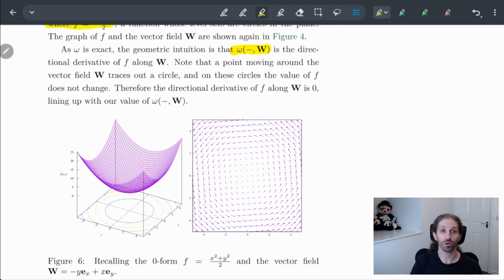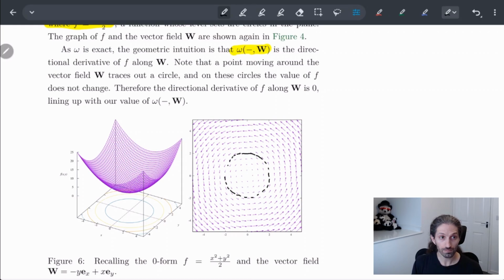Now, moving a point around the vector field w traces out a circle. If we look at a point here and follow the vector field, this gives us, in essence, a circle.